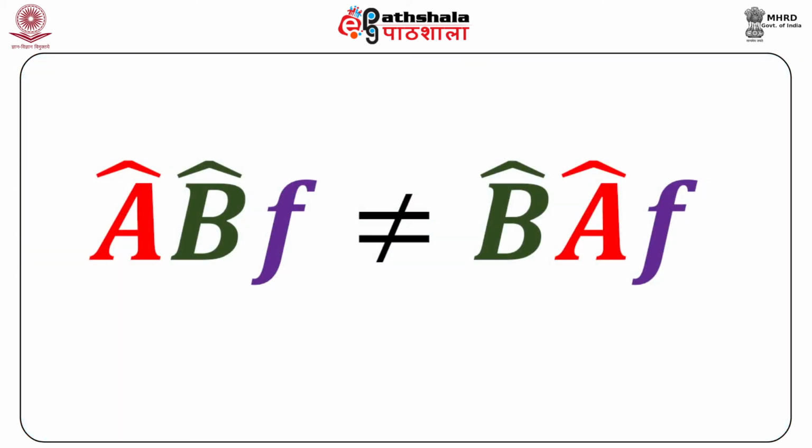For example, A cap B cap f may not always be equal to B cap A cap f. So order becomes very important. When we say A cap B cap f, then first B cap operates on f, and then the result comes, and then on that A cap operates.